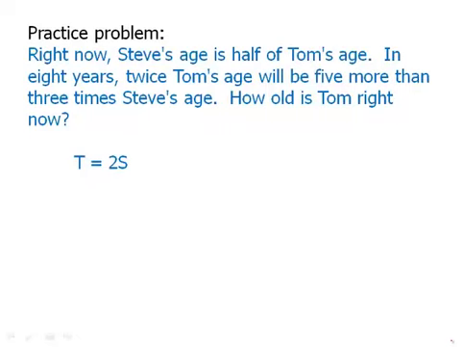Now for the other ages, I'm going to have to use T plus 8 and S plus 8. So twice Tom's age, 2 times T plus 8, equals 5 more than 3 times Steve's age. 3 times Steve's age is 3 times S plus 8. So we get this equation, 2 times T plus 8 equals 3 times S plus 8, and that quantity plus 5.